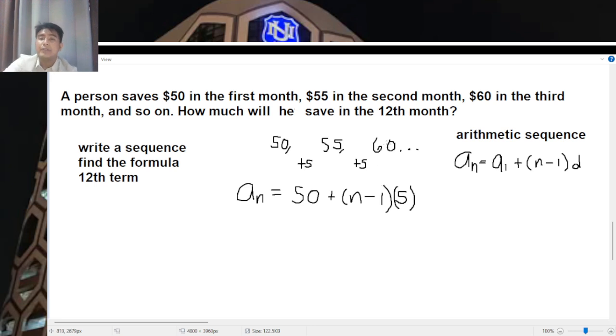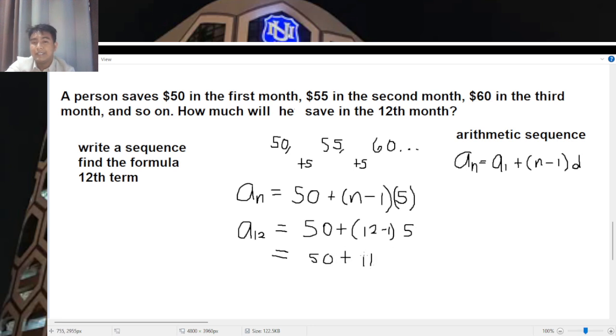We are looking for the 12th month, or basically the 12th term. So a sub 12 would be equal to 50 plus 12 minus 1 times 5. There you go. So let me just proceed to simplifying this. That would be 50 plus 11 times 5.